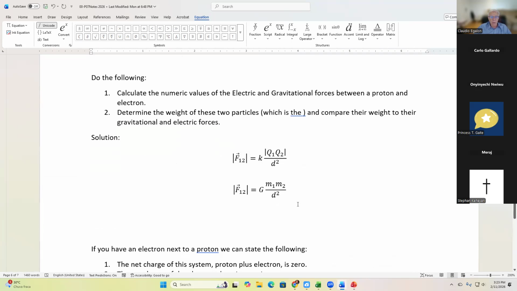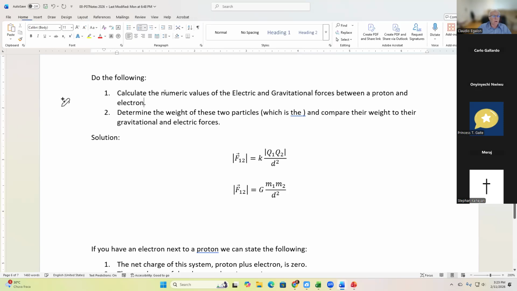Then let's consider the distance: calculate the numeric value of the electric and gravitational force between a proton and electron when they are separated by 1 centimeter, and compare their weight to the gravitational and electric forces calculated in item number 1.